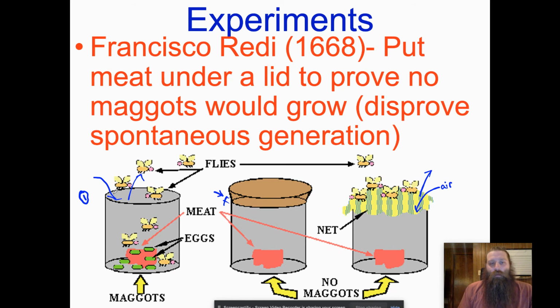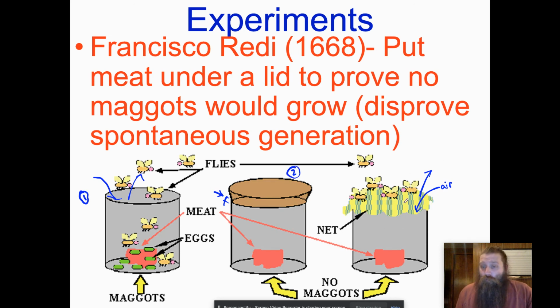So anyway, he observed flies coming and going in jar number 1, and then he found the eggs, and he watched the eggs, and they became maggots, and he said, the flies laid eggs on the rotting meat, the eggs hatched into maggots, and then he watched the maggots, and eventually the maggots flew away as flies. He didn't find any maggots on the meat in jar 2 because no flies had gotten to it.